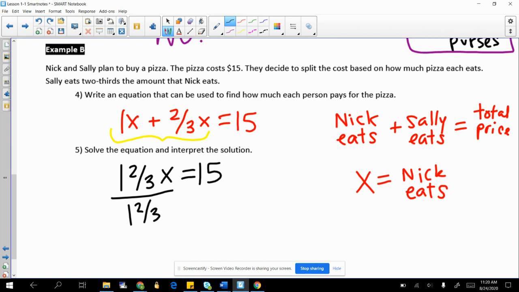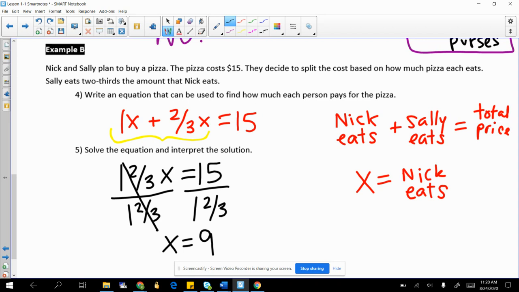You can do this in your calculator, or if you wanted to, you could write it as a decimal in your calculator, which would be like 1.6 repeating. Or you could also put it in as an improper fraction, so that would be 5/3. But when you do that, 15 divided by 1 and 2/3 is going to leave you with X equals 9.